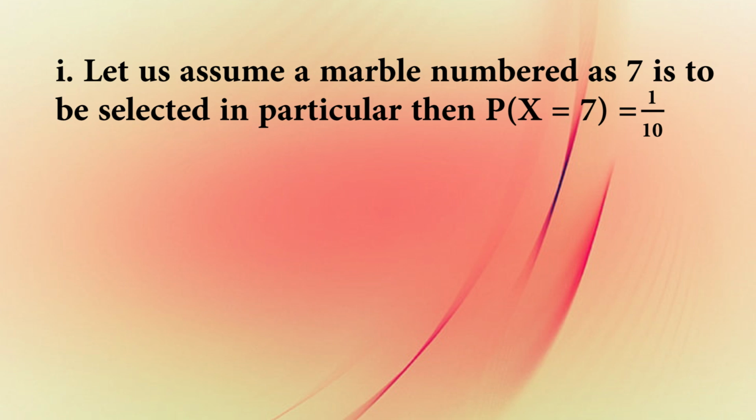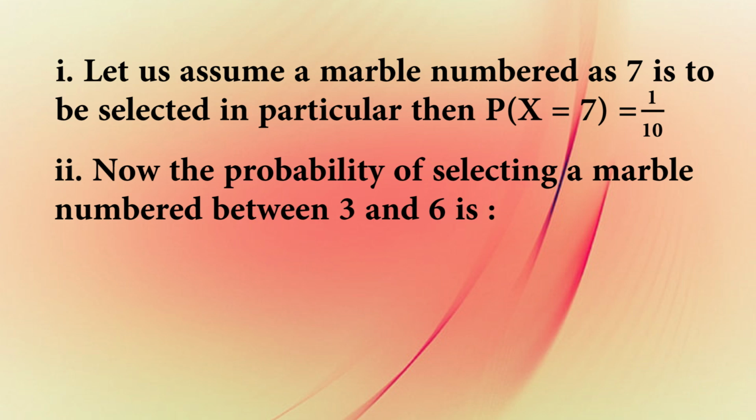Sub-question B is answered as follows. To find the probability of selecting a marble numbered between 3 and 6, that is, the occurrence of 3, 4, 5 or 6.